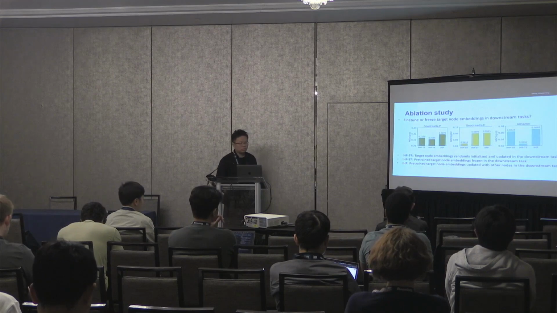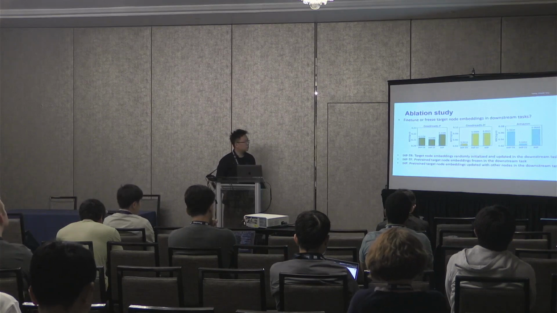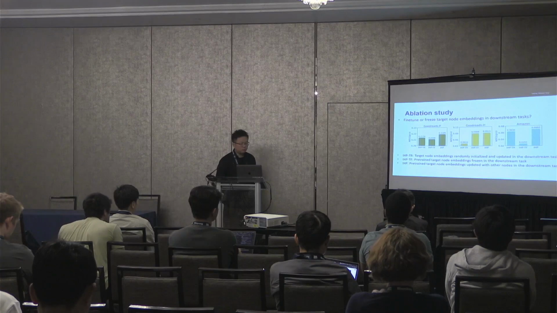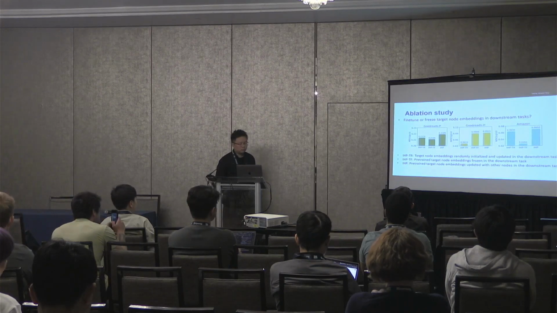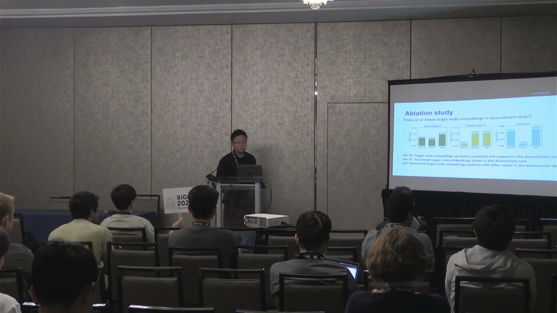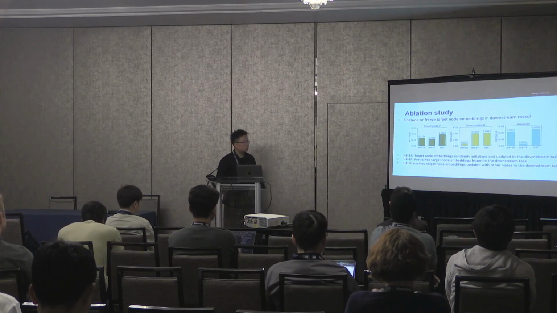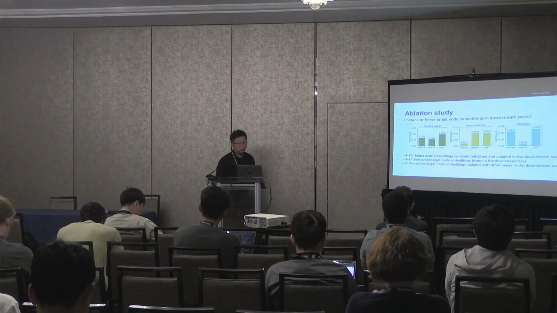We also do an ablation study of different fine-tuning settings. First, we can fine-tune or freeze the pretrained target node embeddings in downstream tasks. Freezing target node embeddings saves computational resources, but also reduces flexibility and limits adaptability to downstream data for the pretraining framework. This issue becomes more serious with a growing discrepancy between the pretraining and downstream data.